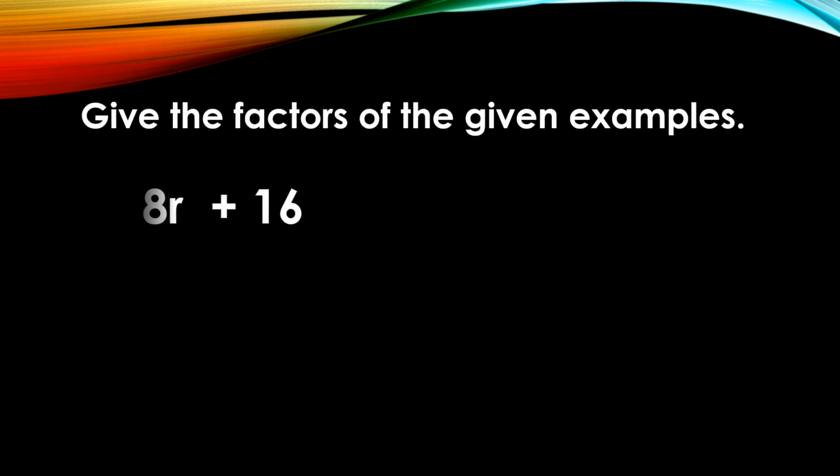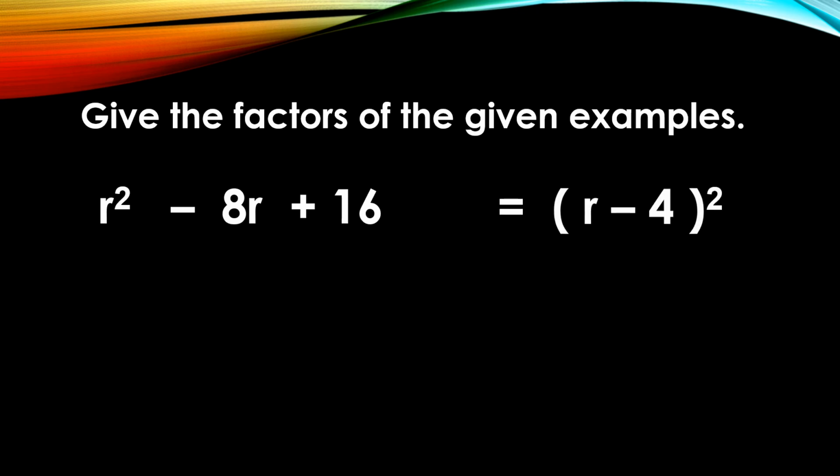So let us have more examples. Number 1, r squared minus 8r plus 16. The square root of r squared is r. The square root of 16 is 4, and the middle operation is subtraction. So, the factored form is quantity r minus 4 squared.